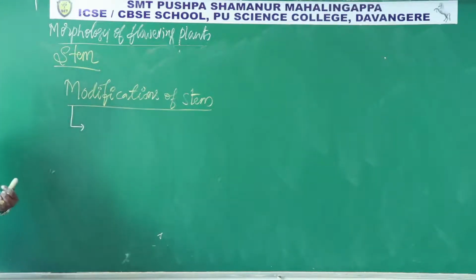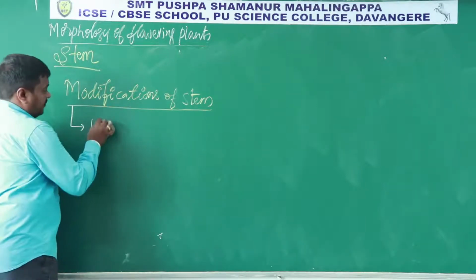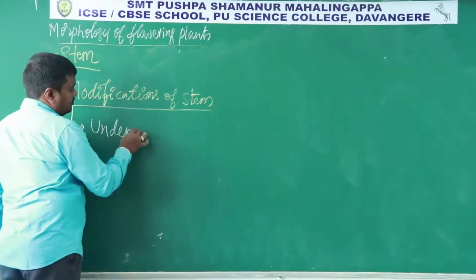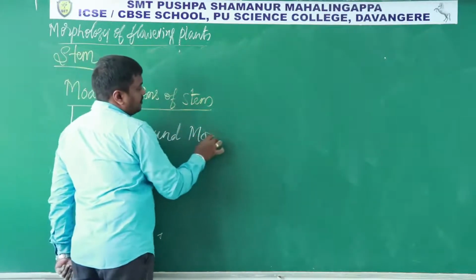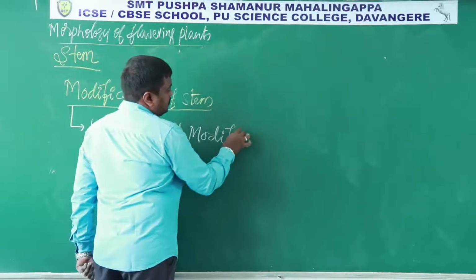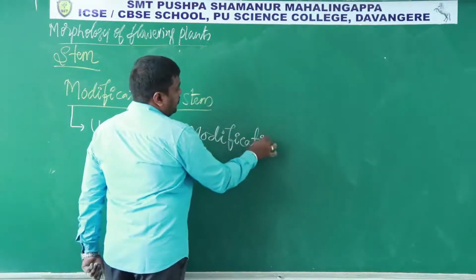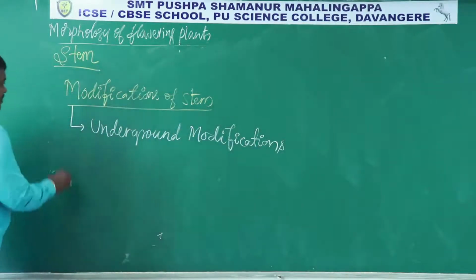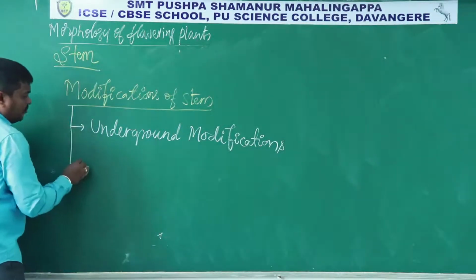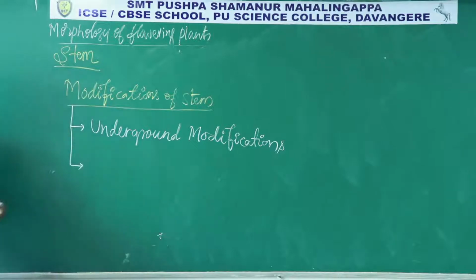stem is modified and it grows under the soil, so called underground modification. Just above the soil, some stems show different types of modifications.